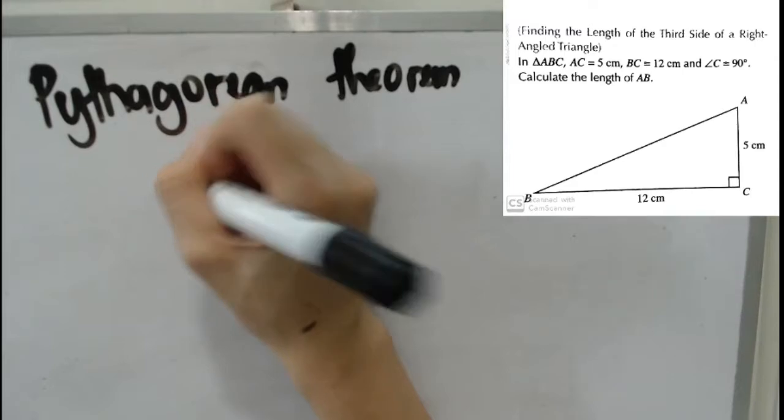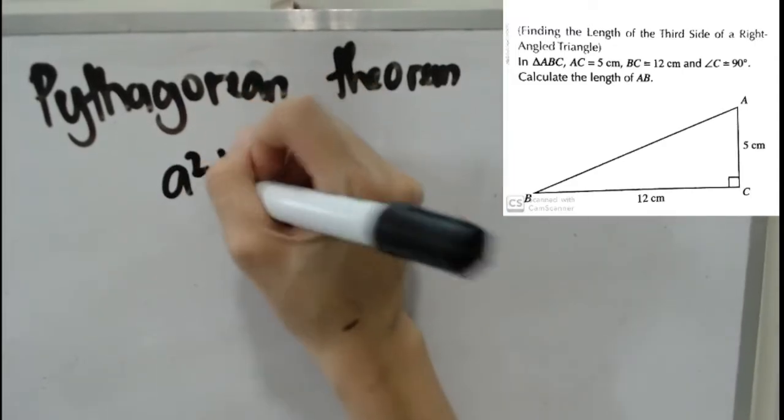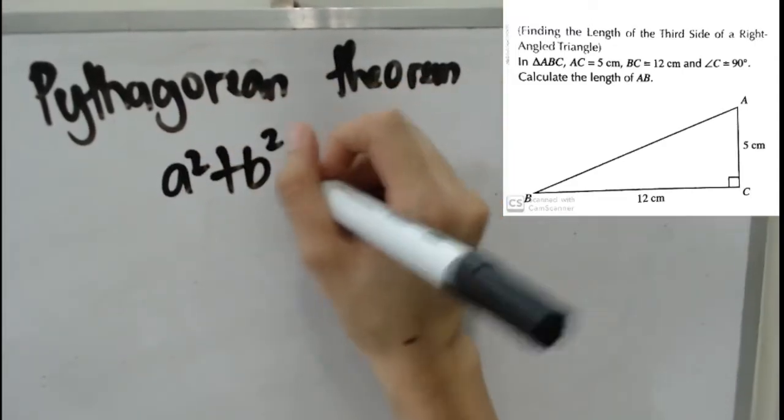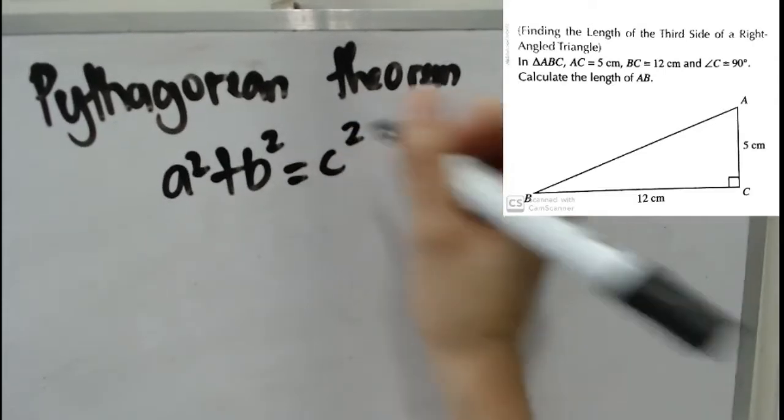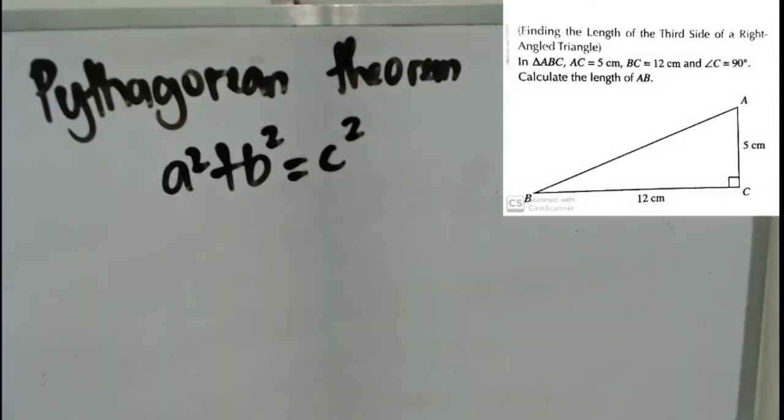Going back, according to this theorem, the sum of the squares of the legs of the triangle is equal to the square of the hypotenuse. Here, AB is the hypotenuse. We have here AC and BC as the legs.